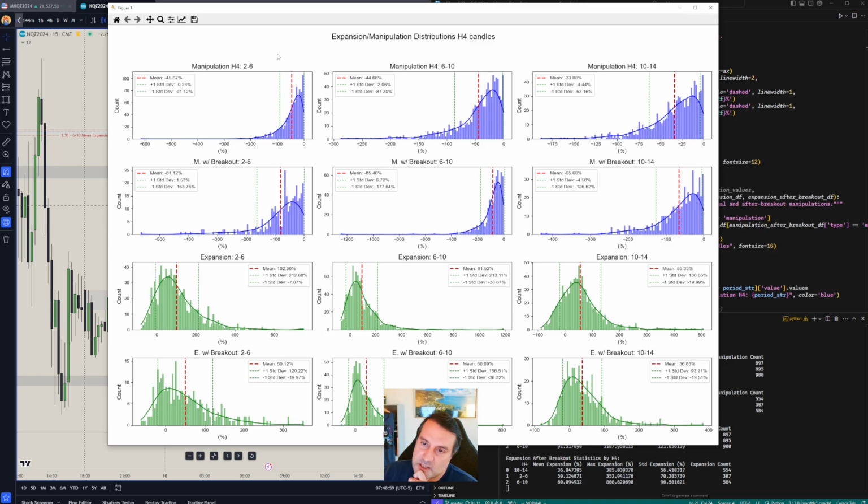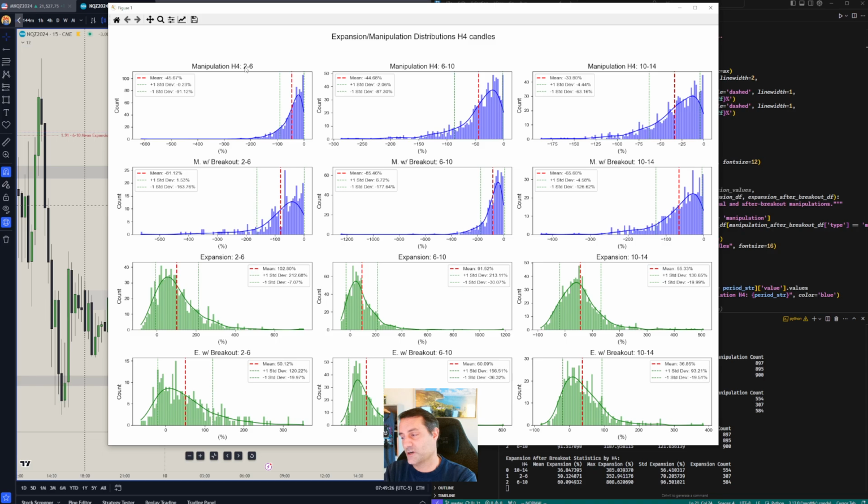Let's see. Okay, the candles I'm interested in are the 4-hour candles between 2 and 6 a.m., which is the London session; 6 and 10, which includes the New York Open; and then 10 to 2 p.m. New York time, which is the AM session of New York for Nasdaq.